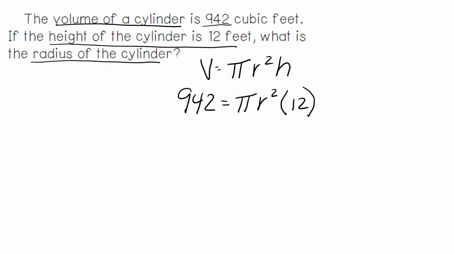We have to work backwards in order to solve this problem. So, the 12 is written in parentheses as our height. Parentheses means multiply. So we do the opposite, we divide. We're going to do 942 divided by 12, which is going to give us 78.5.